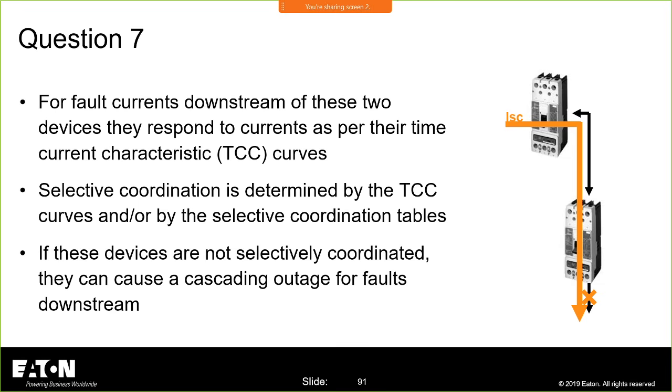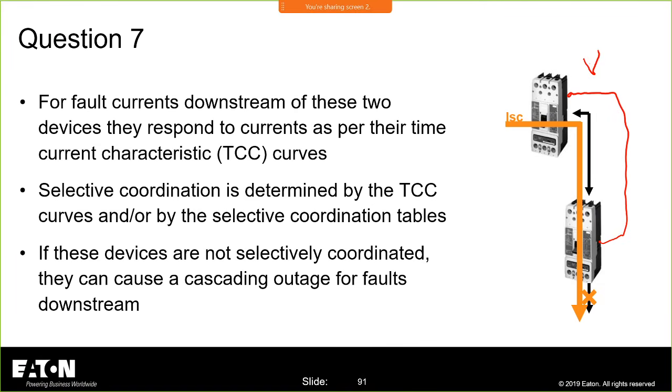Now, when I have two protective devices that are zone selectively interlocked, which means I have little wires that go between these two, there's a voltage signal. I'm going to say 24 volts. Whatever, you didn't hear that. What you heard was there's a voltage signal. It'll vary by manufacturer, the magnitude and DC versus AC, all that good stuff.